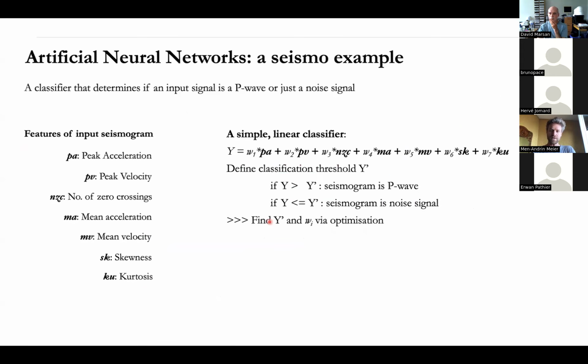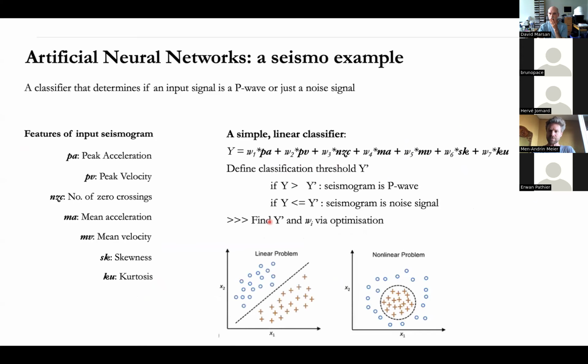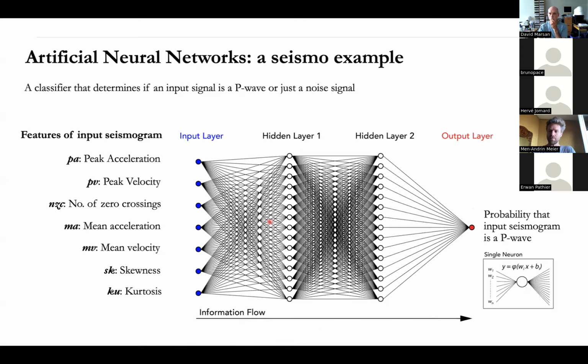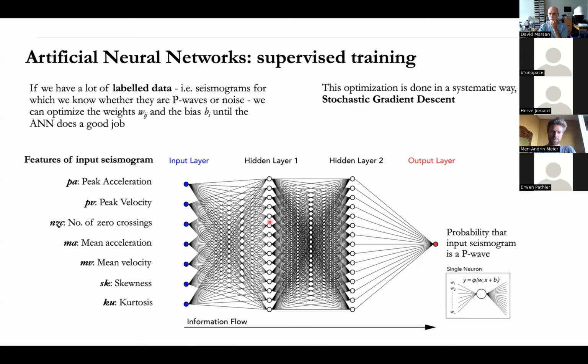And so back to our linear classifier example. Now the trick is we want to train this network to make the right predictions, right? So that we give it the features such as peak acceleration of a P wave, and out here it says maybe 1 for this is a P wave, and that it says 0 probability it's a P wave if we give it anything else like a noise signal.